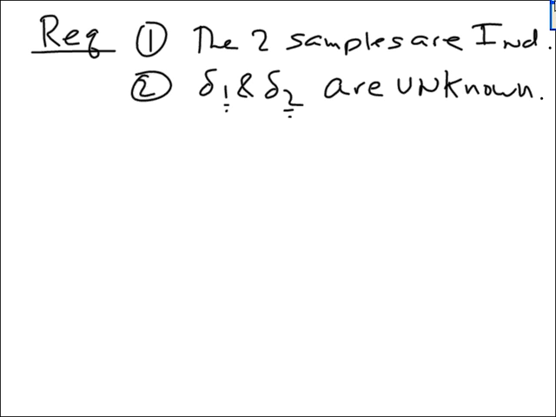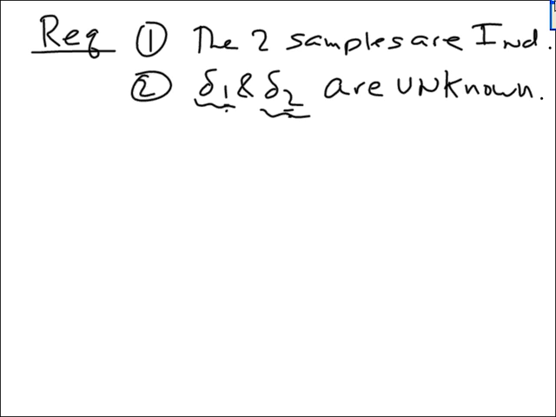Sigma 1 is the standard deviation of the population of the first sample, the people who took their diet pills, versus sigma 2, which is the standard deviation of the people who took the placebos, the sugar pills.